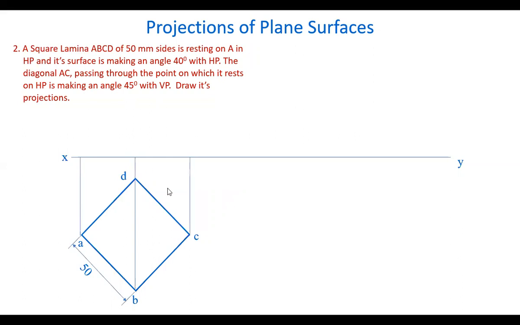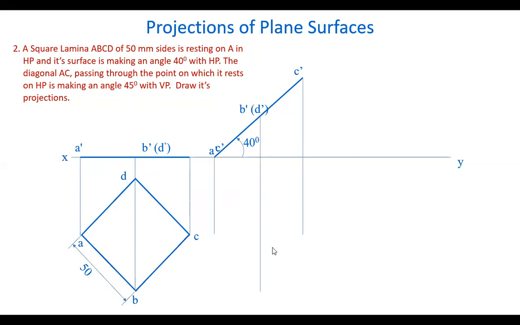To show the surface inclination with the HP, draw a line at 40 degrees angle. The same front view is reproduced here. Draw the top view, draw projectors and horizontal lines here. Mark the intersection points, join them by straight lines.